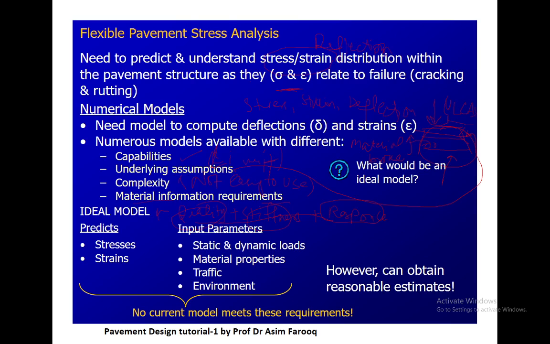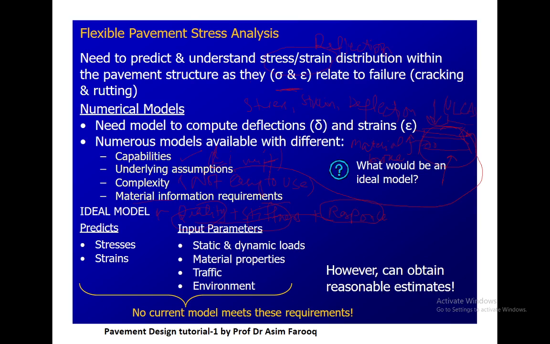And then we have of course the material requirement information, where we usually determine the material stiffness or material response to heavy loads. This is a major assumption, or kind of negative aspect, which is already present in many models.